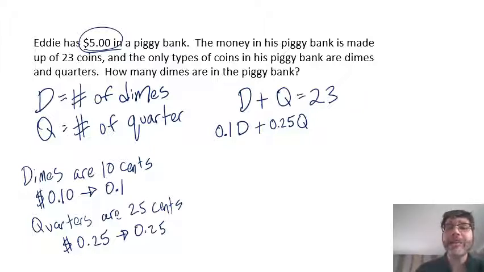If we add the dime money plus the quarter money, we get the total amount of money in the piggy bank, which is $5, or just 5.